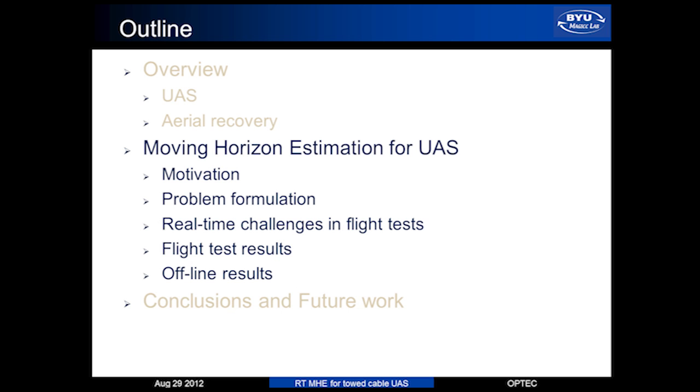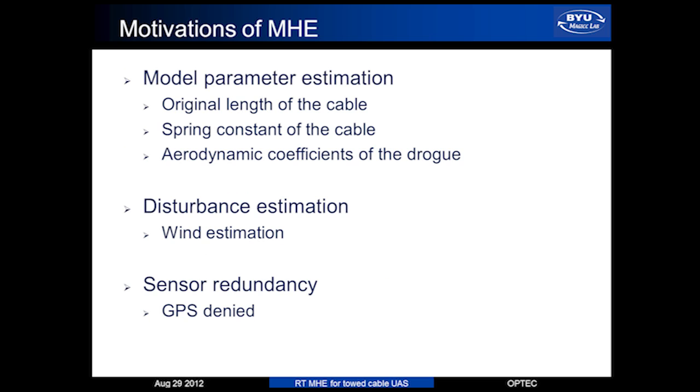After talking about the error recovery, I will talk about this moving horizon estimation. The motivation for using moving horizon estimation in the error recovery is that the whole system, the mothership, cable, and joke, is a very complex, nonlinear, non-rigid system since the cable is soft.